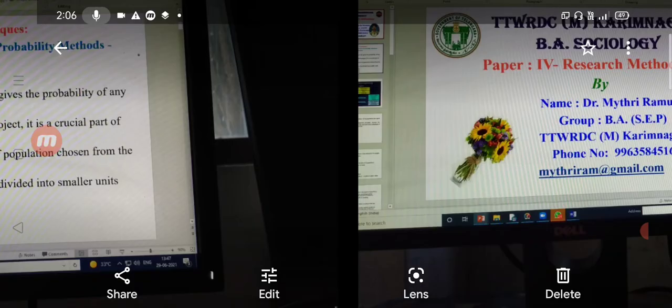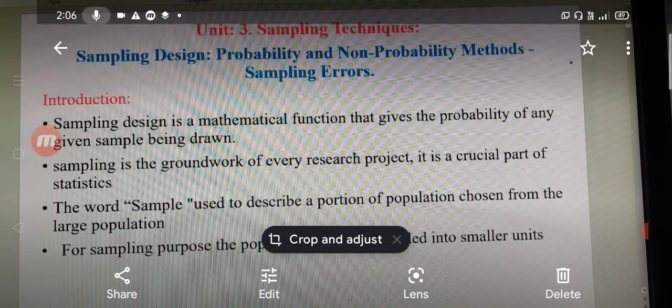My dear students, before going to discuss the sample design, first of all, what is a sample? It is very essential to know what a sample is. Sampling design is nothing but a mathematical function which gives the probability of any given sample being drawn by the researcher.